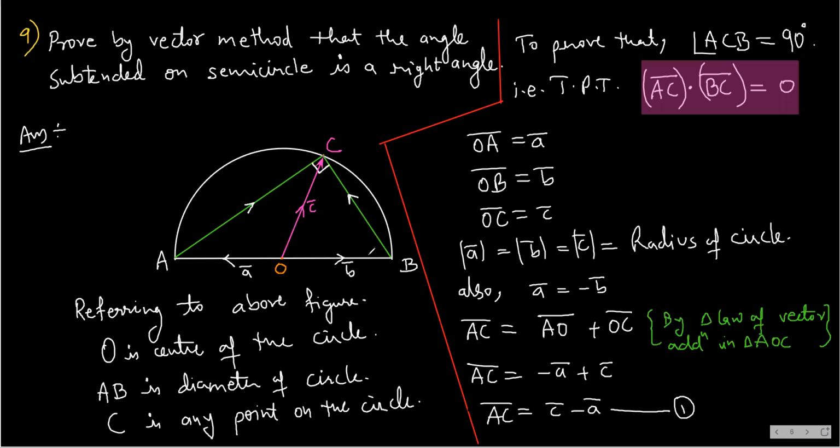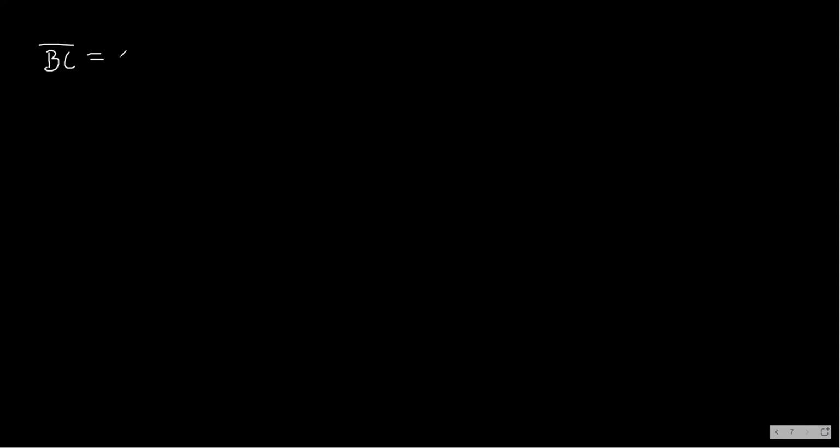Now I'll go for BC bar. BC bar, as you know, we had written as BO bar plus OC bar. Now BO bar: OB bar is B bar, so this is negative B bar plus C bar. So we have C bar minus B bar. This is BC bar.